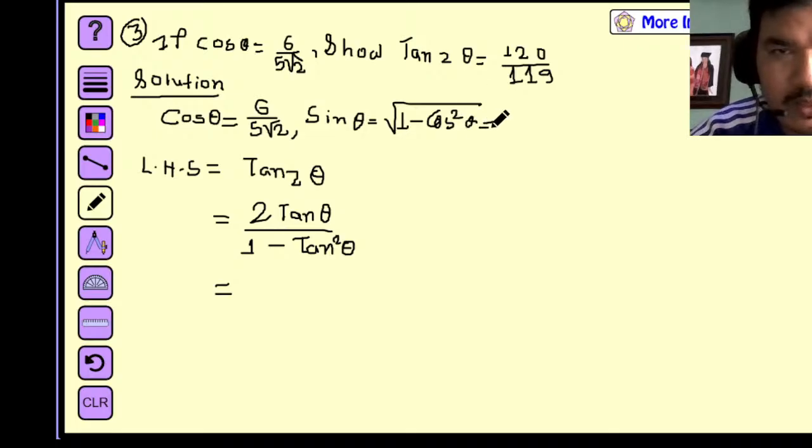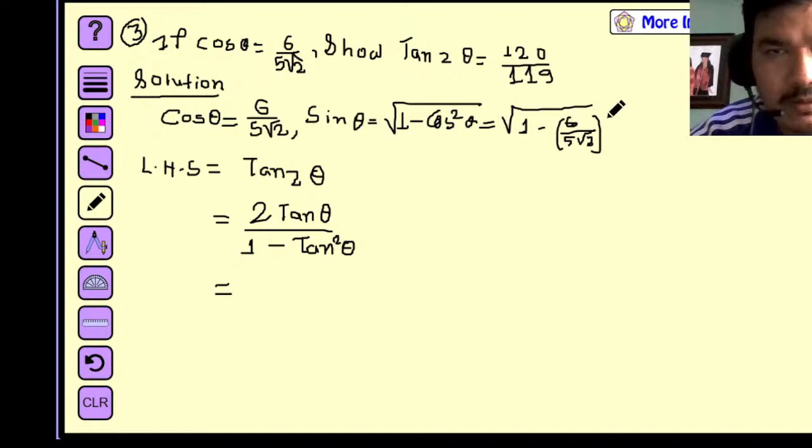Then look, children, what will be here? Equals the square root of 1 minus the value of cos theta, which is 6 by 5 square root 2, and its square.